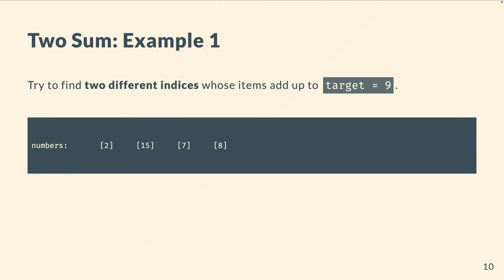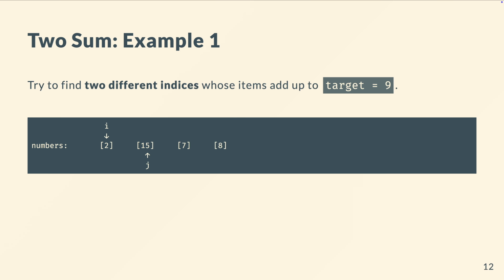Now let's trace an example step by step. Keep in mind that the goal is to find 2 different indices whose items add up to the target. The target is 9 in this example. In the figure, the list contains 2, 15, 7, 8. Point i to the first item, 2. j starts after i. j points to 15.